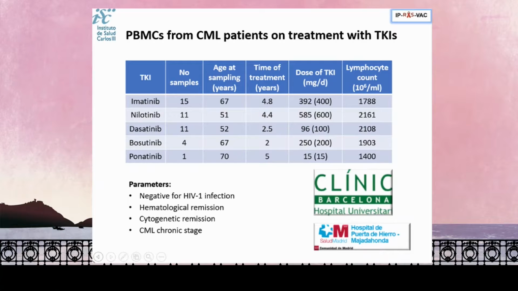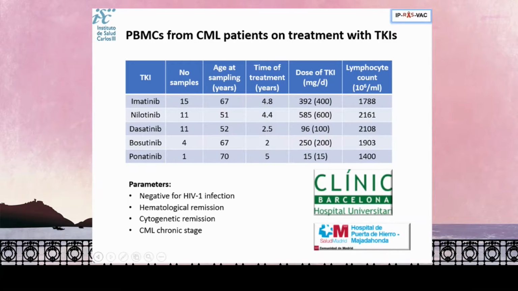So what we did next was obtain PBLs from patients affected by chronic myeloid leukemia who were on chronic treatment with tyrosine kinase inhibitors. Our colleagues from Hospital Clinic and Hospital Puerta de Hierro collected blood from these patients, and we analyzed the PBMCs, all from patients negative for HIV-1 infection.